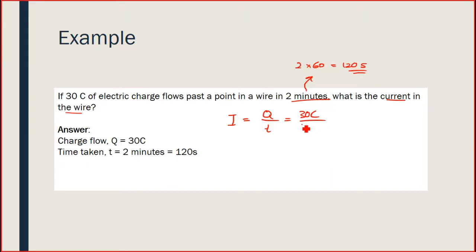So this is 30 over 120, which is 1/4 coulomb per second. 1/4 is 0.25, and this is the ampere. The unit for current is ampere. So what is the current created by this electric charge? The current created is 0.25 ampere.